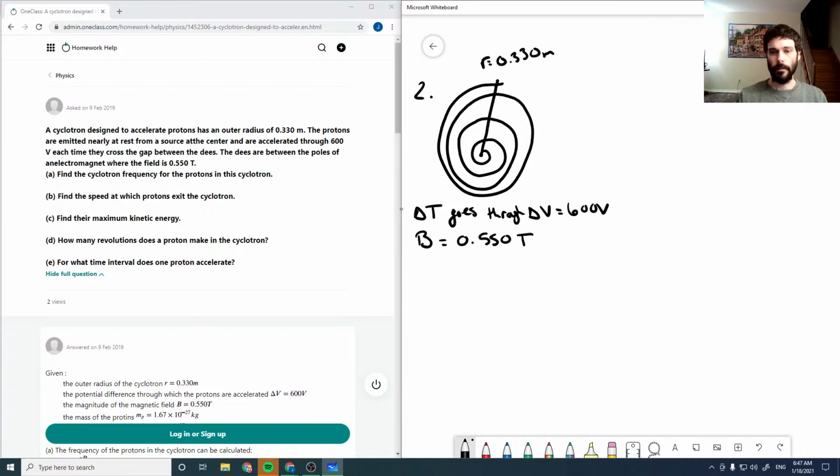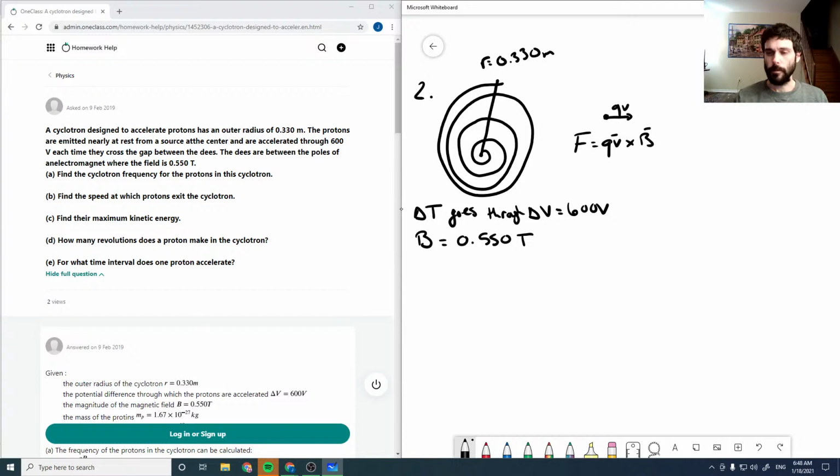So from our right-hand rule, if our proton is moving to the right, QV, and our B field is out of the page, then our force is QV cross B. Now this doesn't matter too much for what I've drawn here, other than for consistency.